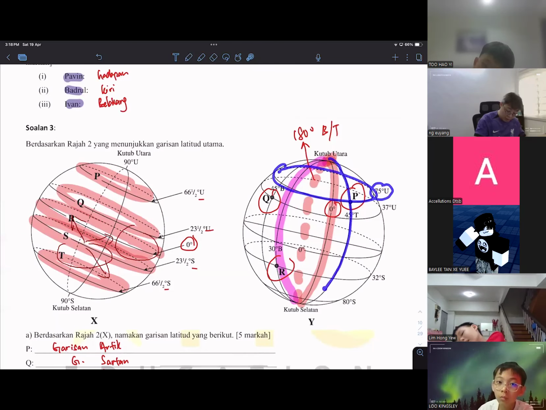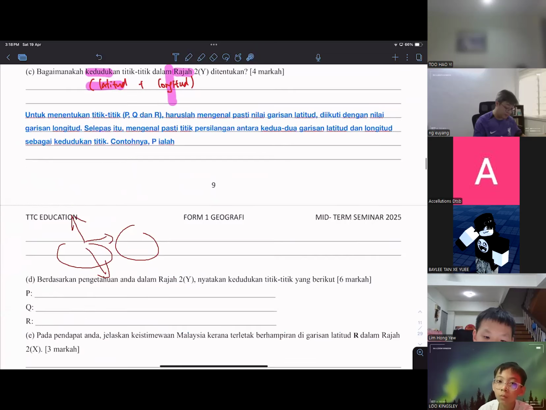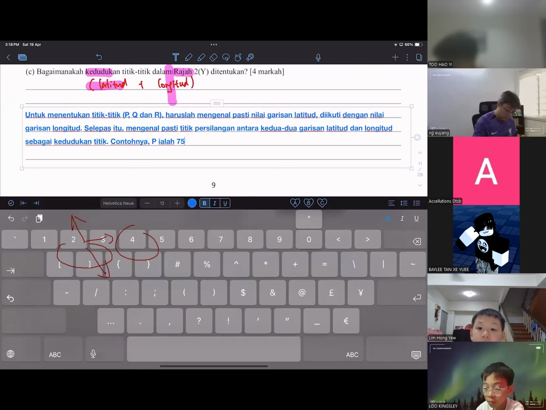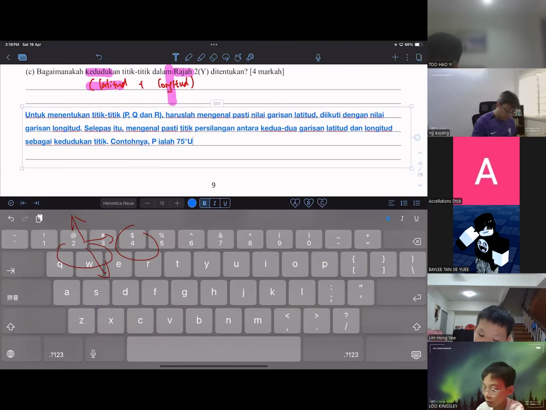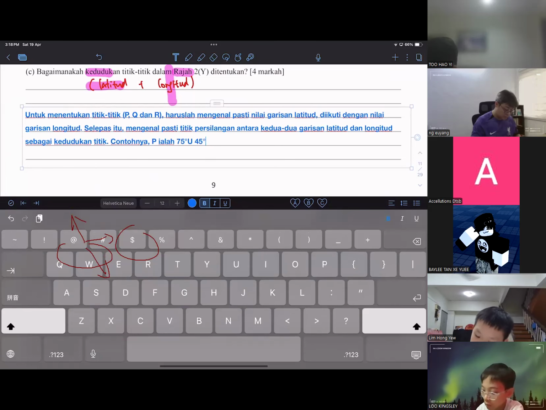And then the longitude is 45 degrees Timur. So this is your 75 and 45. P ialah 75 degree north, just give one space, and then 45 degree east.